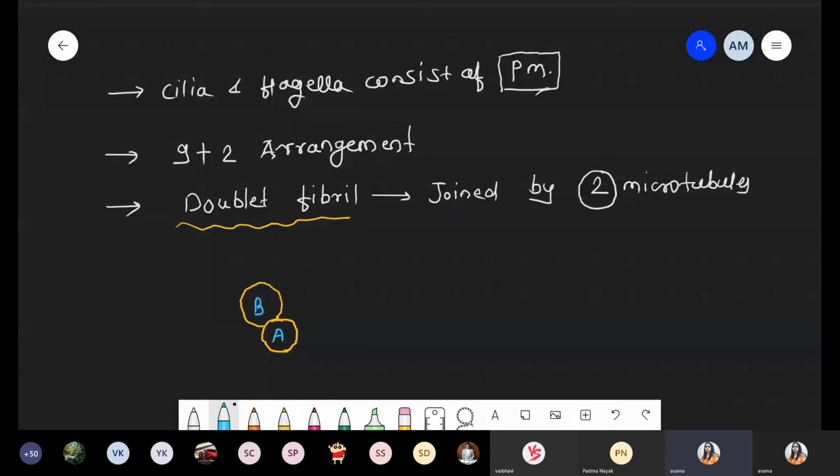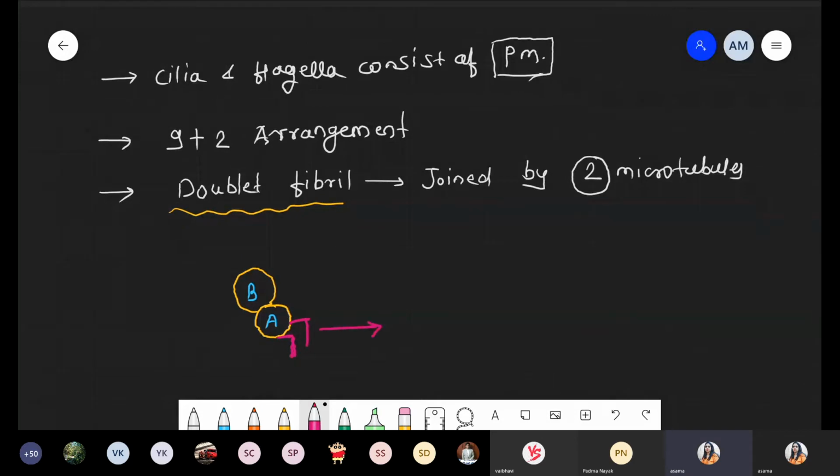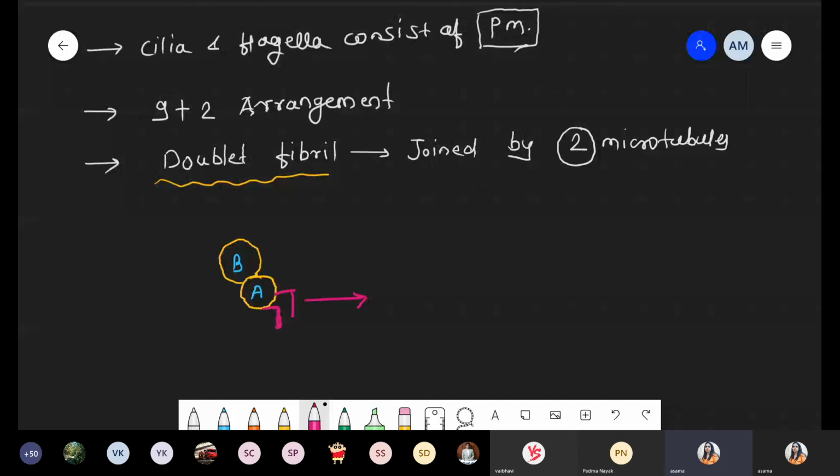But there is one change with respect to the doublet fibril: the A subunit has some proteinous part, some hook-like structure, which is represented by this pink color. It's called dynein protein.